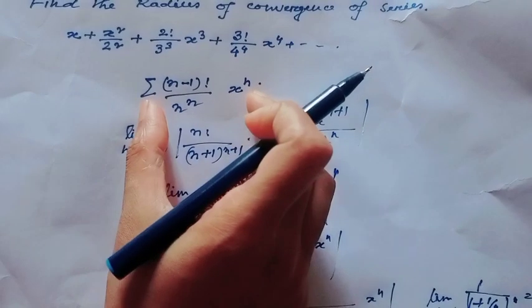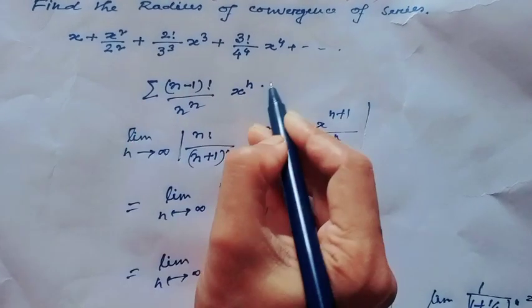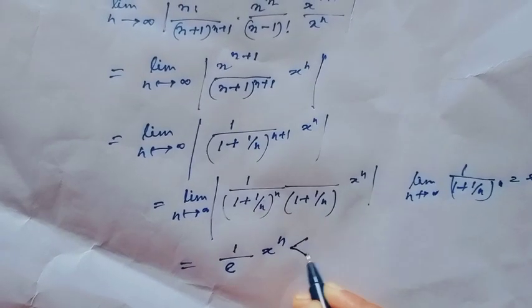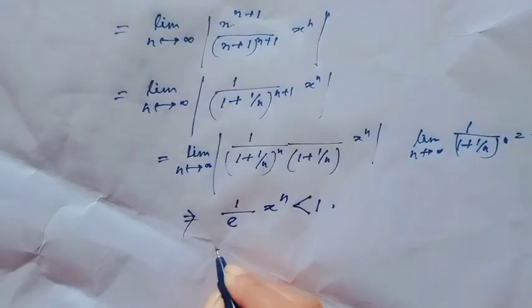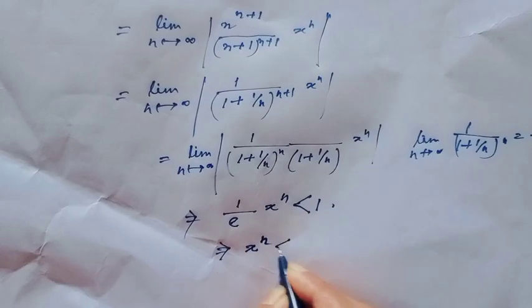And we all know this is a power series, and this series converges when this value is less than 1. That means when this value is less than 1, this series converges. Therefore, that implies modulus of x is less than e.